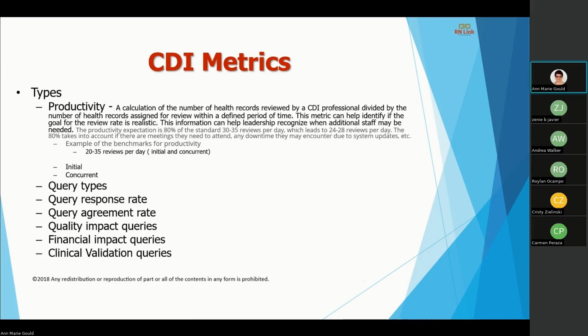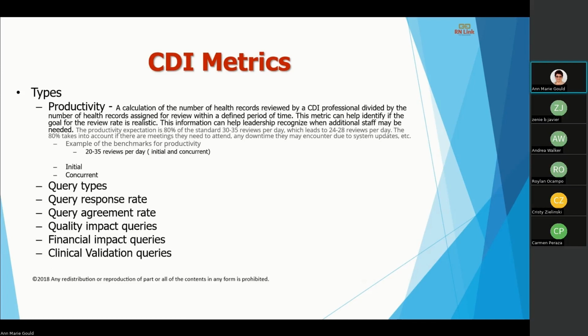They said we had to do a 30% query rate. And I was like, excuse me? 30%? It's a little high. This is the contract company I'm working with right now. I emailed the manager and said that's really high.